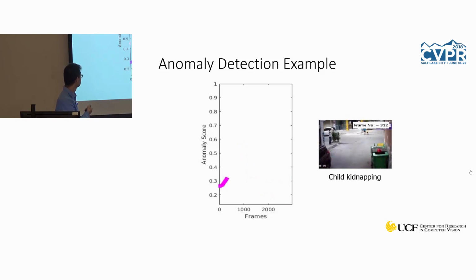If we set a threshold here at 0.5, then the system will generate an alert, since there is a possibility something is happening. So the officer should go to the field and check it out. That's the goal of developing an automatic system to detect anomalies in video.